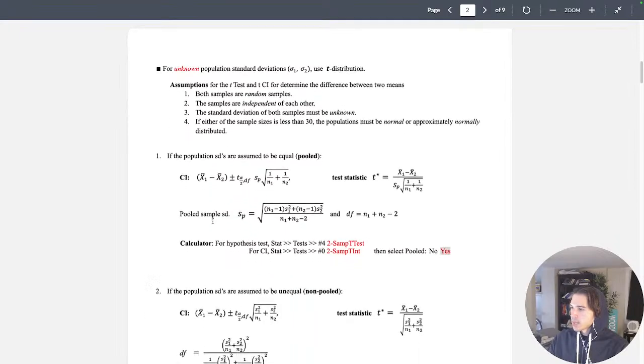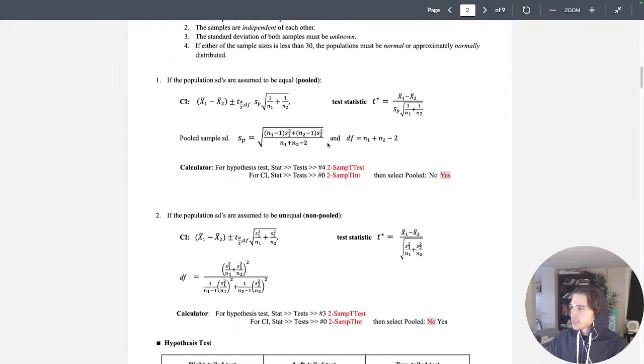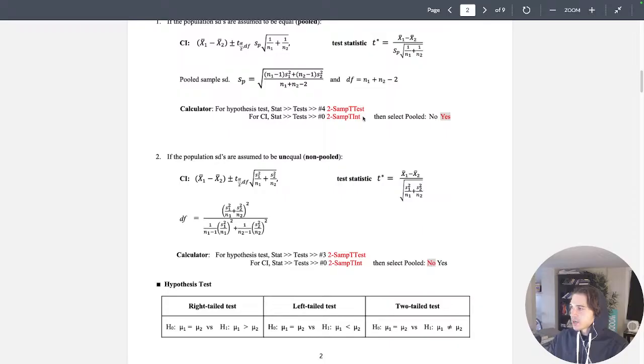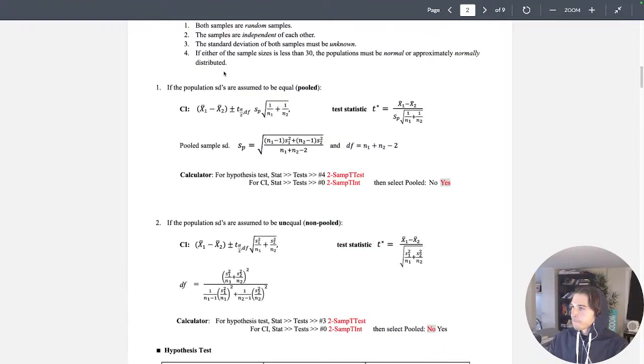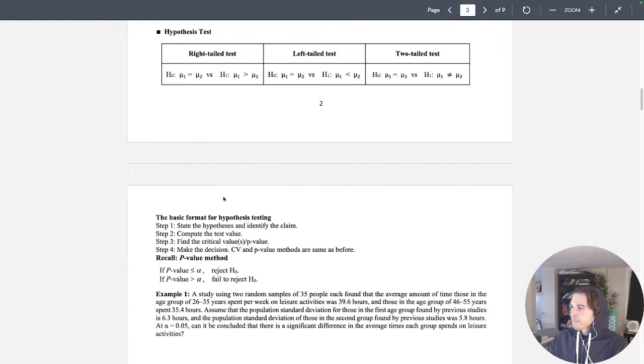So, yeah, you're using this function and you're using these calculator functions. If the population standard deviations are assumed to be unequal, non-pooled, then it looks like you take this standard deviation out of here and you just have unique standard deviations. Yeah. Okay.